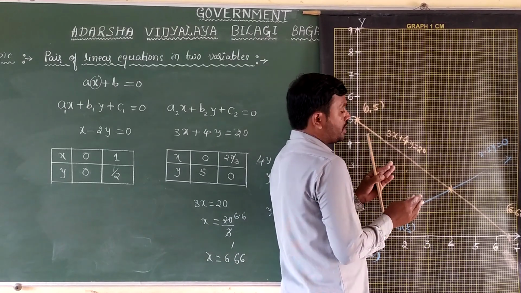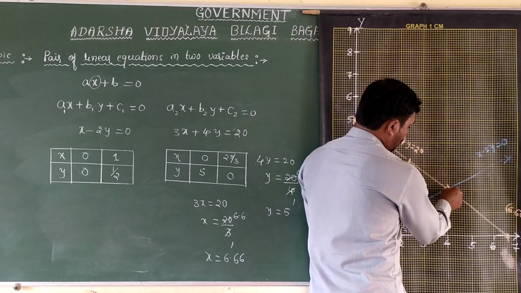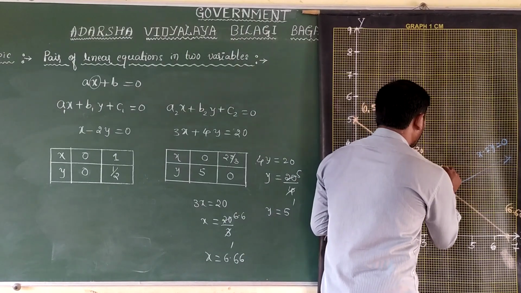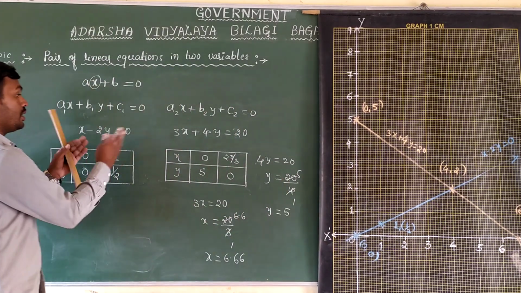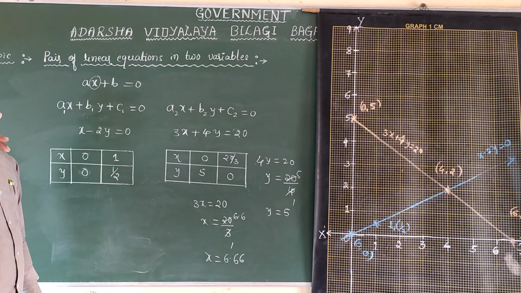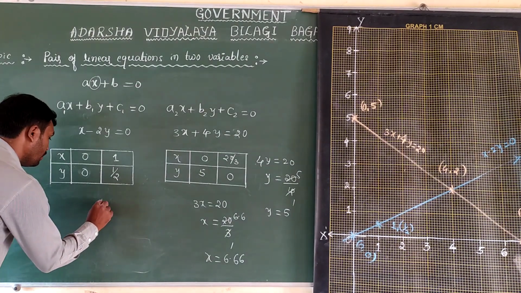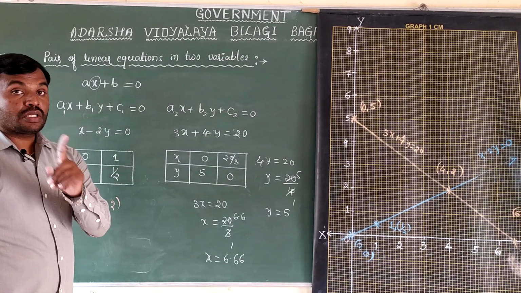Here we got two lines, and the two lines intersect at only one point, the point 4 and 2. So this 4 and 2 is the solution of both these equations. It means the given pair of linear equations has only one solution, that is 4, 2. It means it has a unique solution.